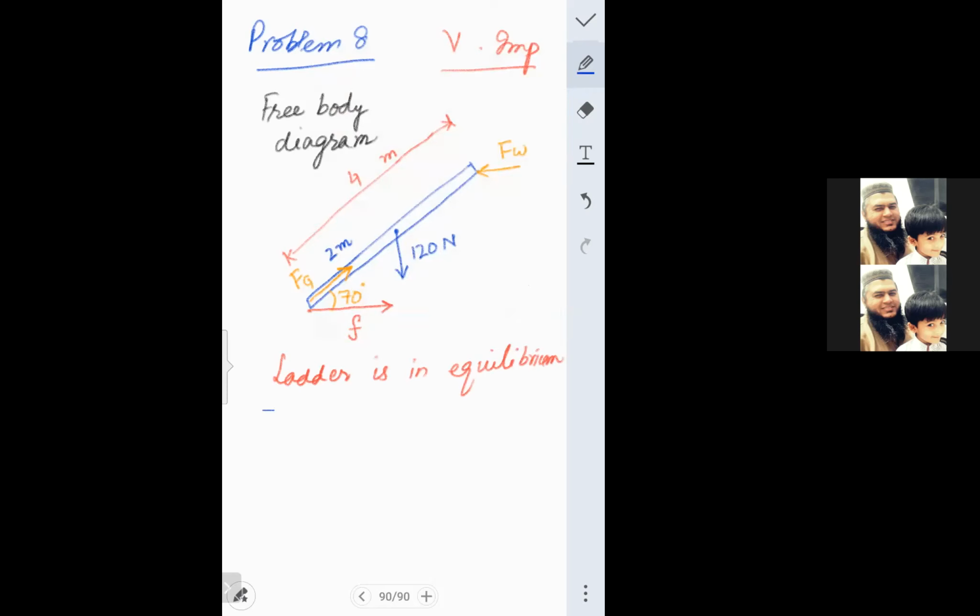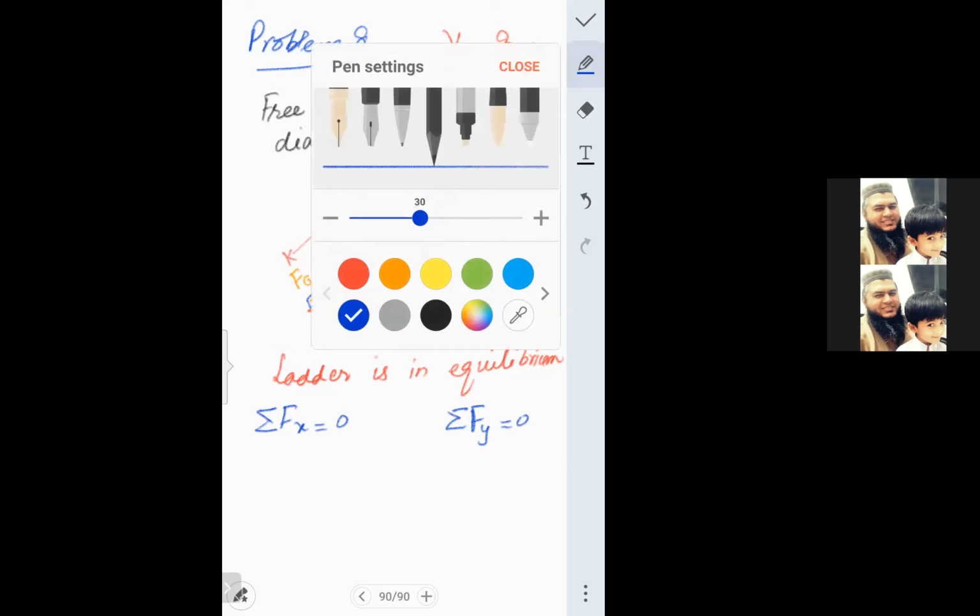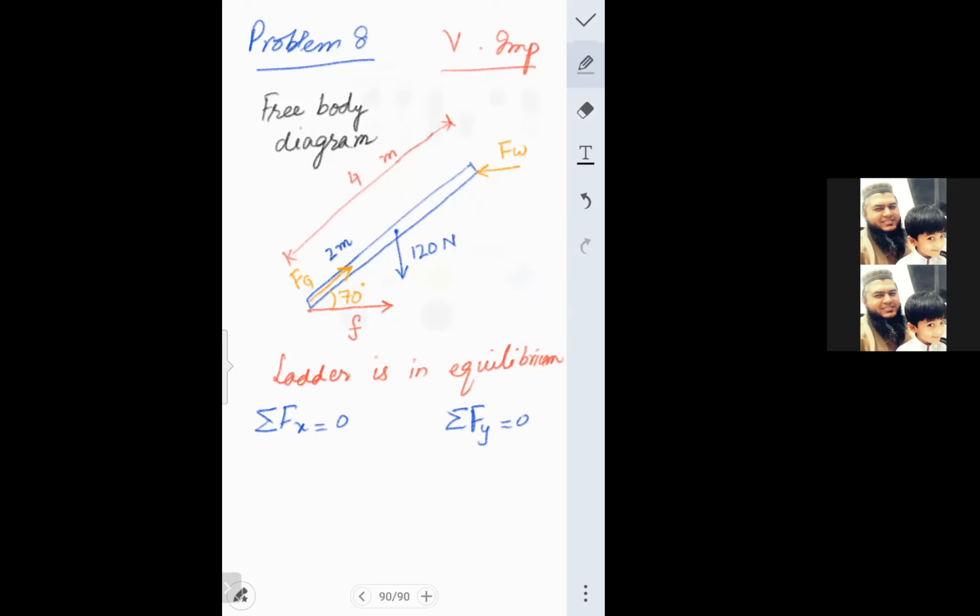We can say that the sum of all the forces in x direction is 0, and the sum of all the forces in y direction is 0. All the forces are either in x or y direction except one force, which is Fg. Fg is slanted at an angle of 70 degrees. So we first have to resolve Fg into vertical and horizontal components.